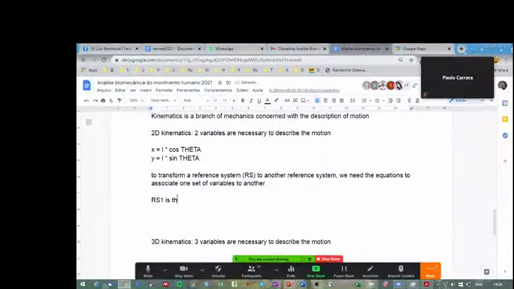So a transformation equation is a formula, an equation that takes you from one reference system to another reference system. And 2D kinematics is the kinematics where you need two variables to describe the movement. And these two variables can be anything that you like or anything that you can measure.